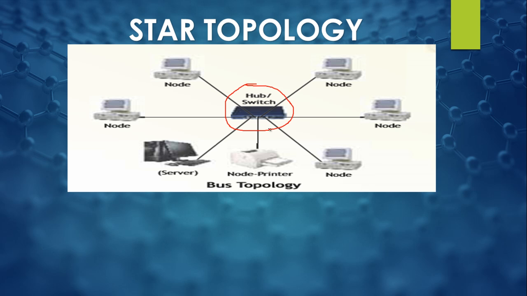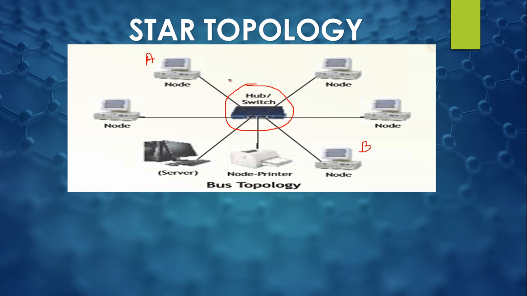So this is a central connecting device, and all the nodes of this network, this server, printer, everyone, are connected to each other with the help of this central device that is called a hub or switch. So in this way it creates a topology that is a star topology. So suppose A system wants to send some data to the B system.